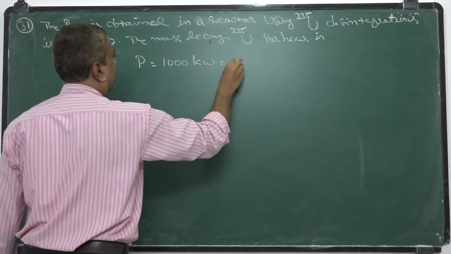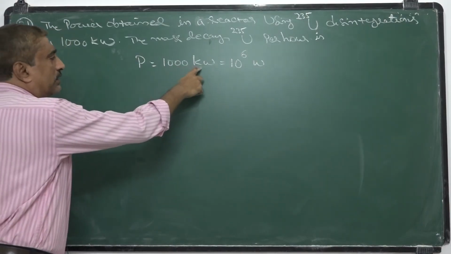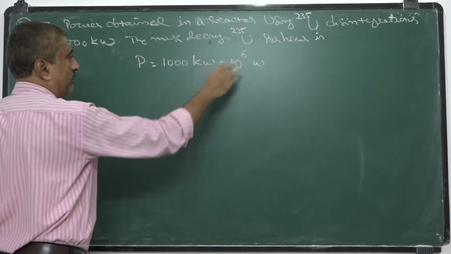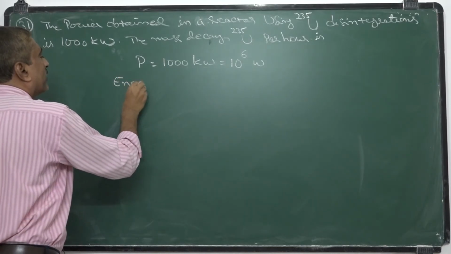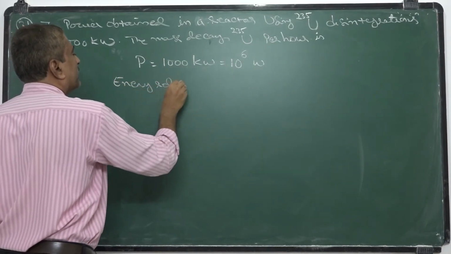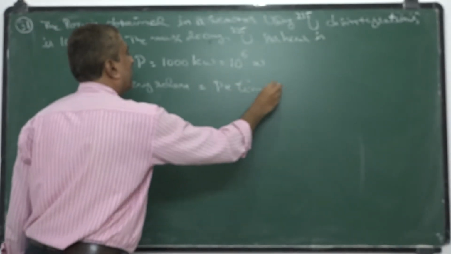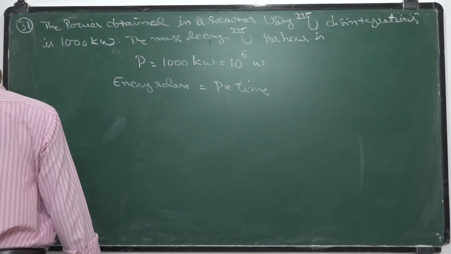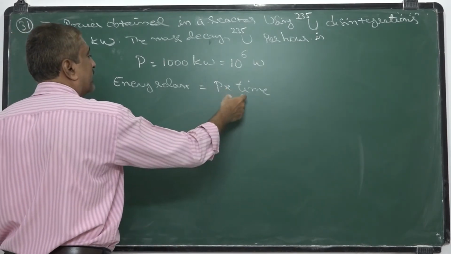So this is 10 power 6 watt. Okay, actually this is 1000 kilowatt, so 10 power 6 watt. Now energy released is nothing but power into time.